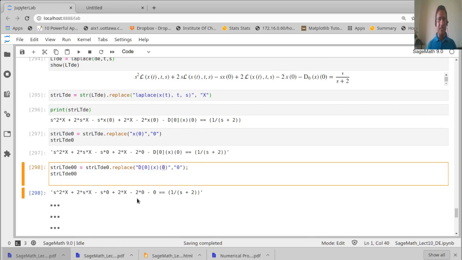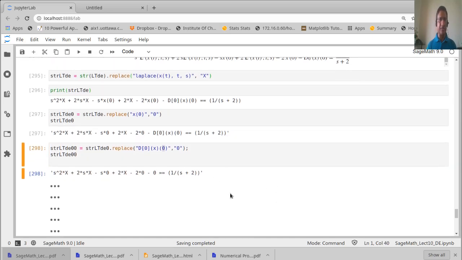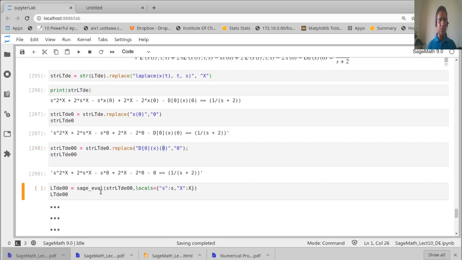Now you can see that everything has become an equation in capital X. This is a linear equation in capital X. But this is still a string, so we need to convert that into an expression. Sage has facilities to convert that into an expression using sage eval, and then we are saying string this, and wherever you have character s, you replace it by small s, and capital X you replace it by capital X, and then this is how it looks.